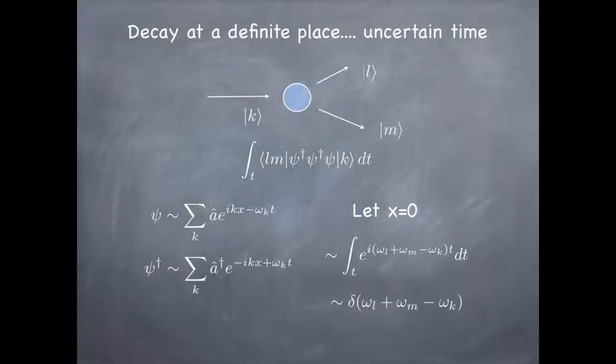It's a delta function that ensures that the energy is the same at the end of the scattering experiment as it was at the beginning. In other words, if I allow the time to be unknown, I have to integrate this process over all possible times when it could occur. That in itself is automatically going to ensure conservation of energy.